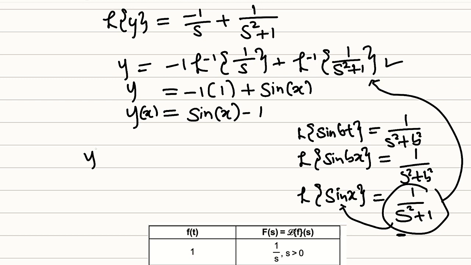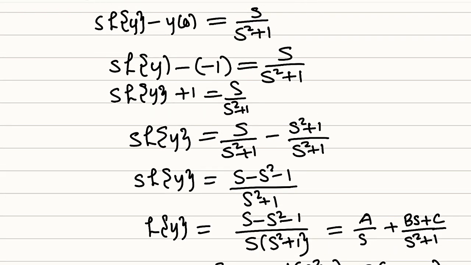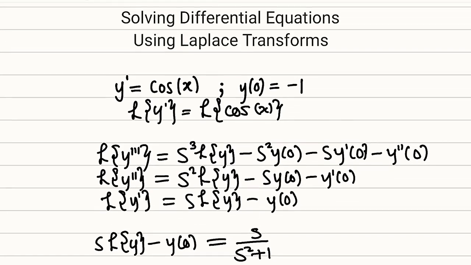Remember, what we are having initially is y prime equal to cosine x. If you integrate this with respect to x, you're going to get y. If you integrate this with respect to x, you're going to get sine x plus a constant of integration. But remember, the initial condition says y of 0 is equal to -1. Can you see that here?